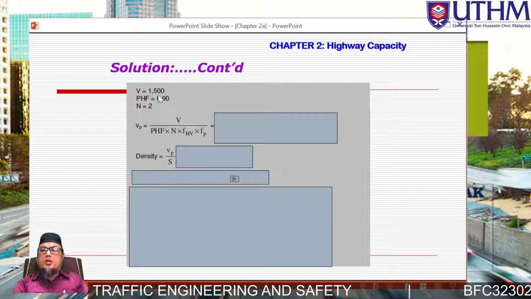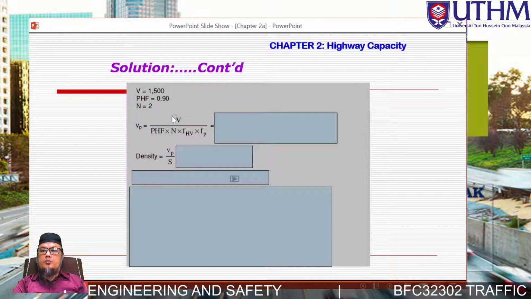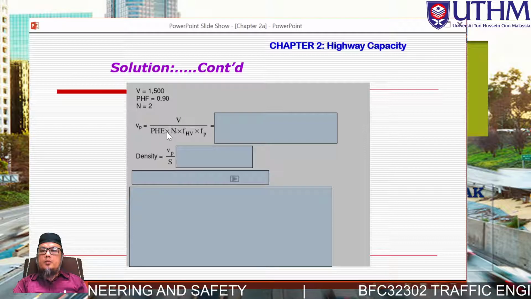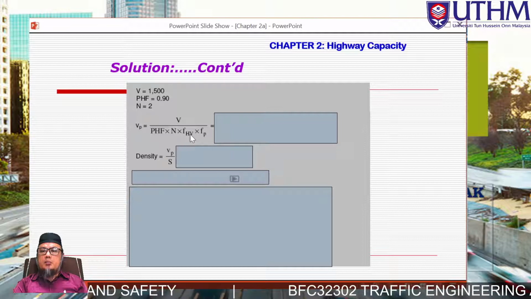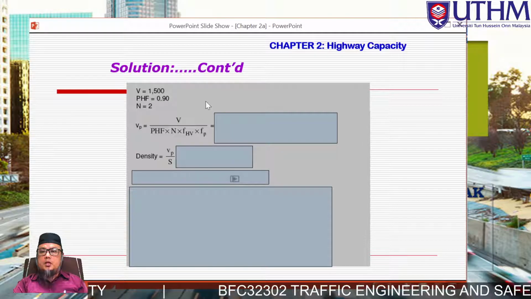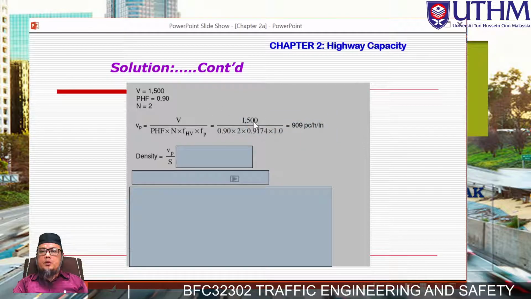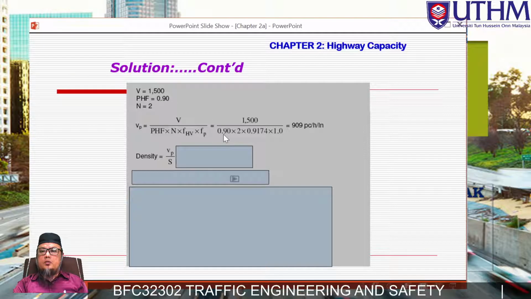Okay, let's calculate the adjusted volume. So we have the formula for adjusted volume. We have V divided by PHF, number of lanes, multiplied by the heavy vehicle factor we just calculated, and FP. So volume is given as 1,500. PHF is also given as 0.9.